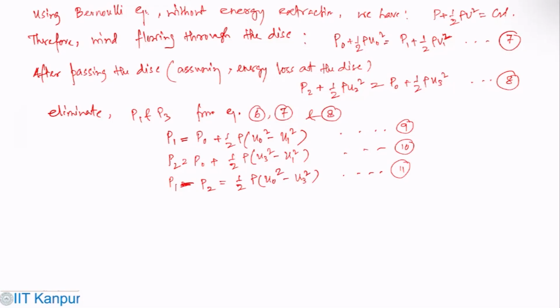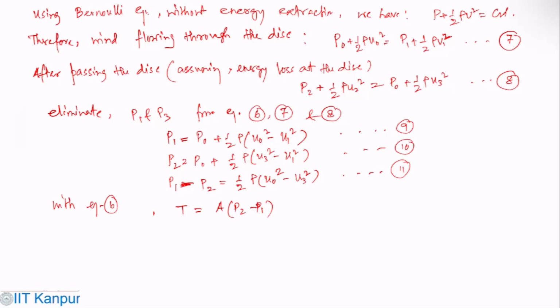Now with equation 6, what we write, A into first (P2 minus P1).